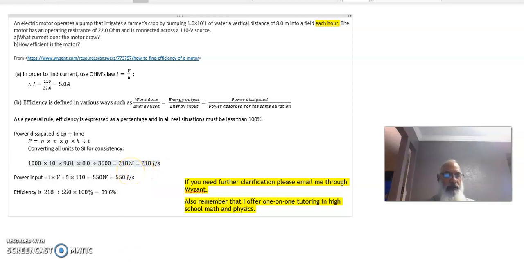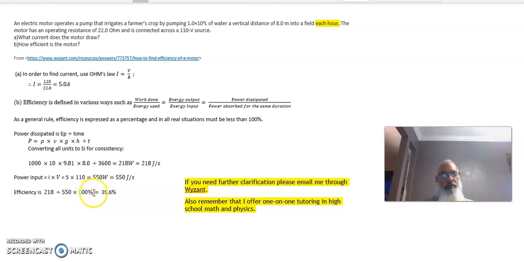Now we take the ratio, energy output over energy input, or work done over energy input, and that ratio multiplied by 100% gives us the efficiency. So you have 218 divided by 550 times 100% gives 39.6%.